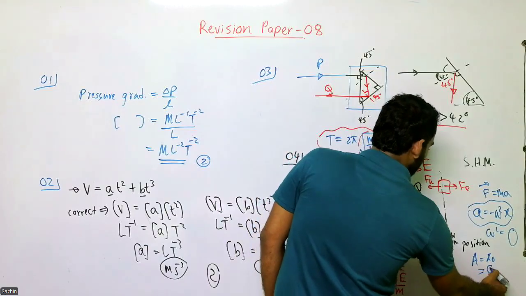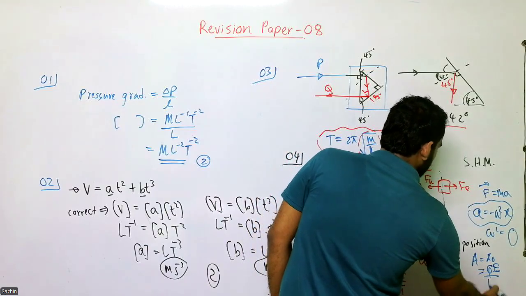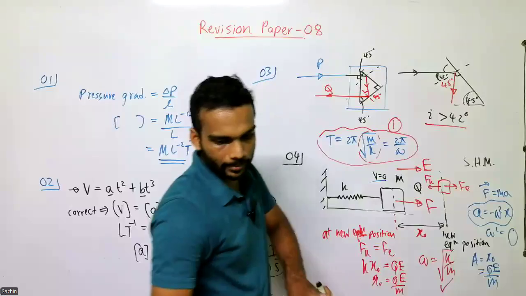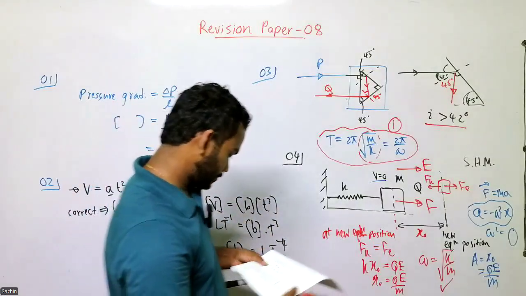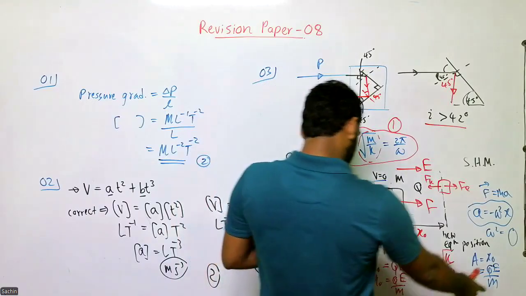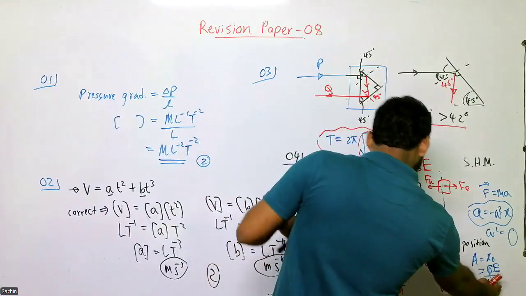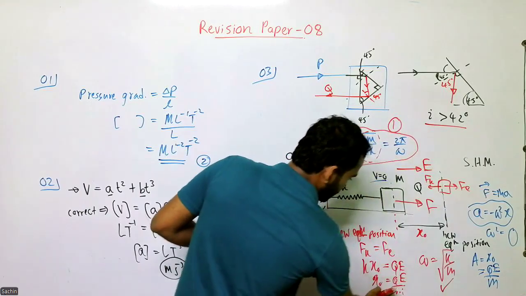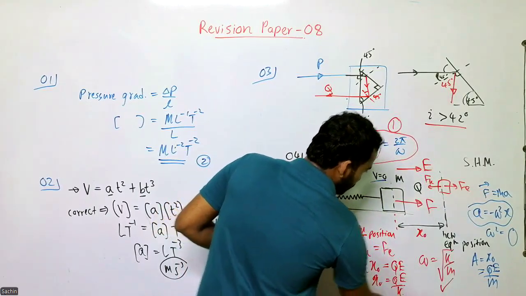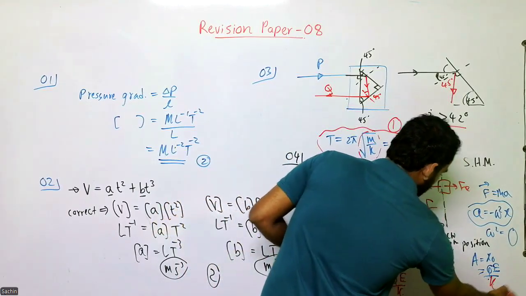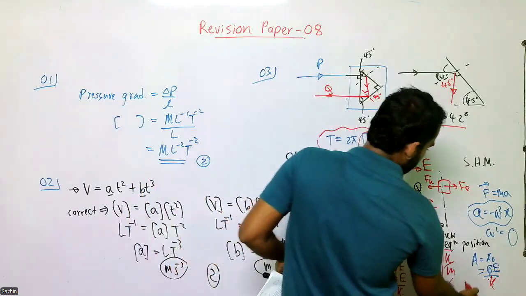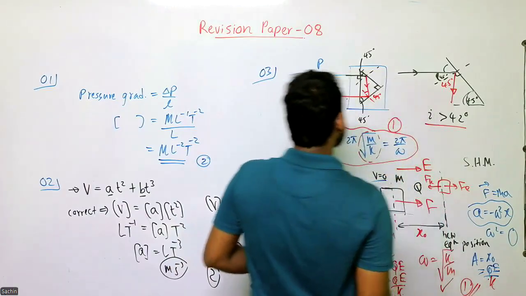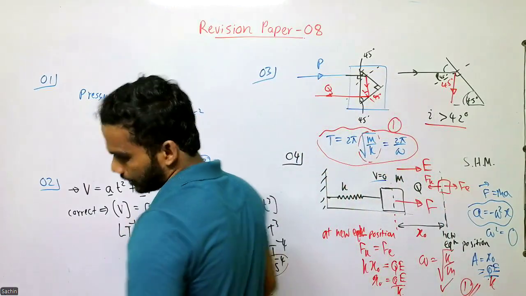So x naught we initially evaluated as qE over k. This should be k, sorry. So both these are correctly given in the first choice. First answer. Yeah.